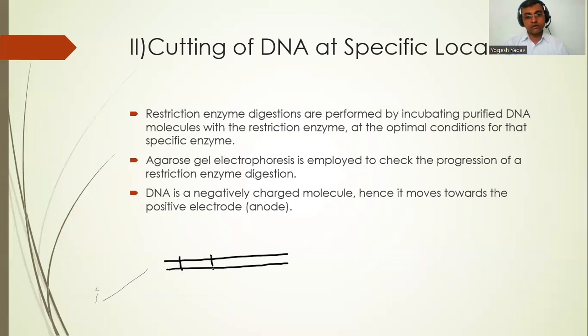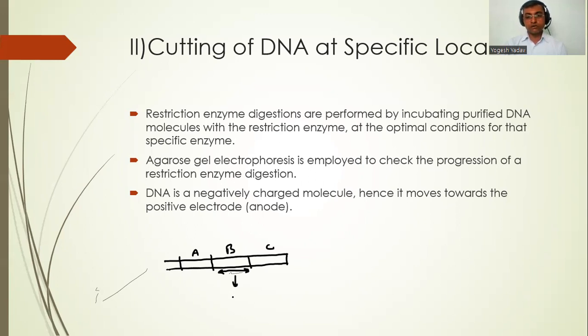Just suppose this is gene A, this is gene B, and this is gene C. We should be aware of what specific gene we require, and to cut that specific DNA segment or that specific gene, we use enzymes. Those enzymes are known as restriction enzymes because they cut only at specific locations. Just suppose we require this B segment or the B gene.